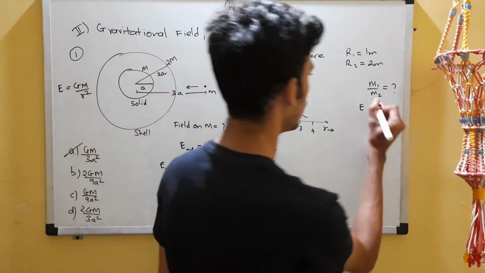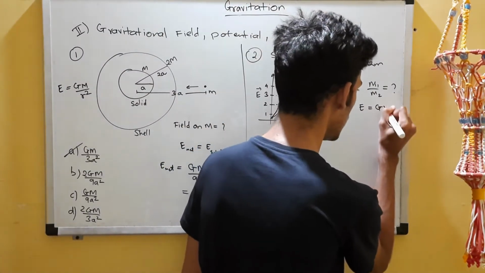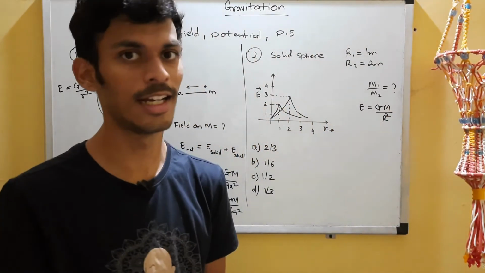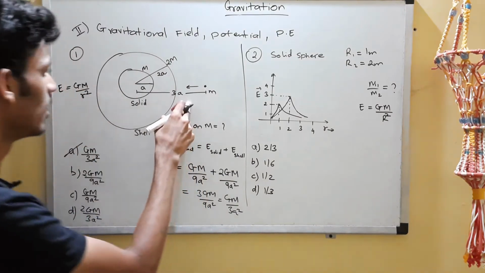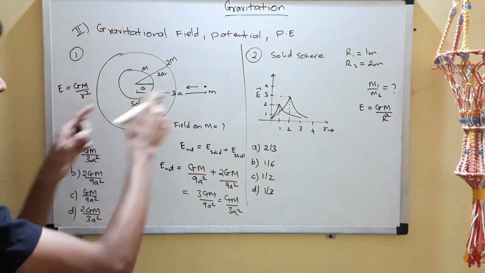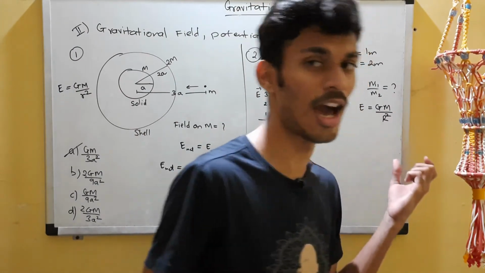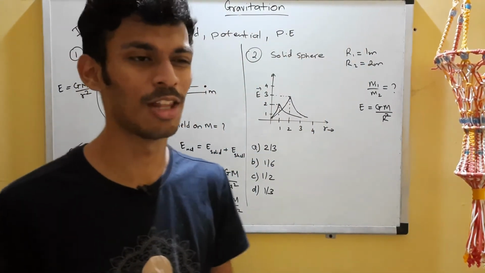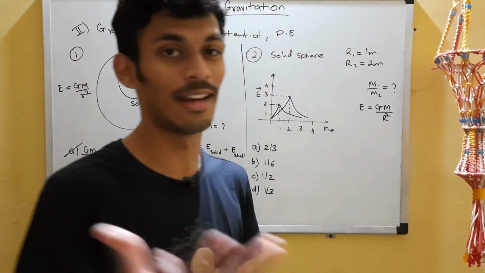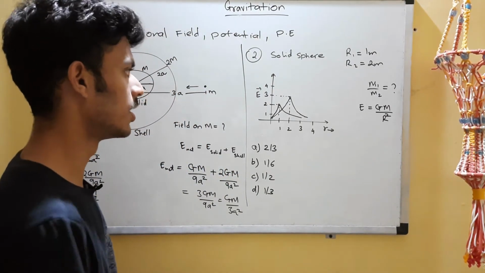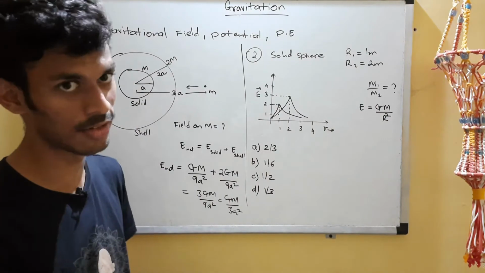At the surface, the gravitational field is basically GM by r square, where r is the radius this time, okay? So for a point on the surface it's basically GM by r square. It's pretty much analogous to your electric field concept, okay? So this is like the gravitational field at the surface, okay?